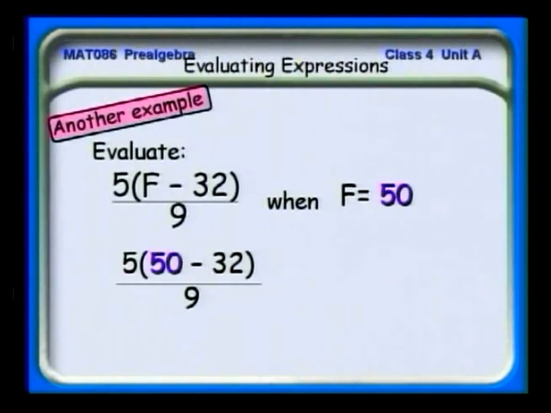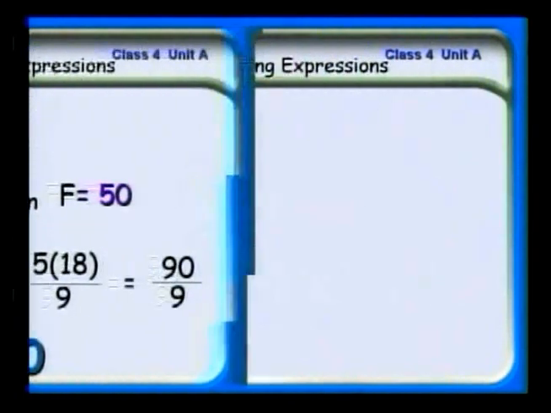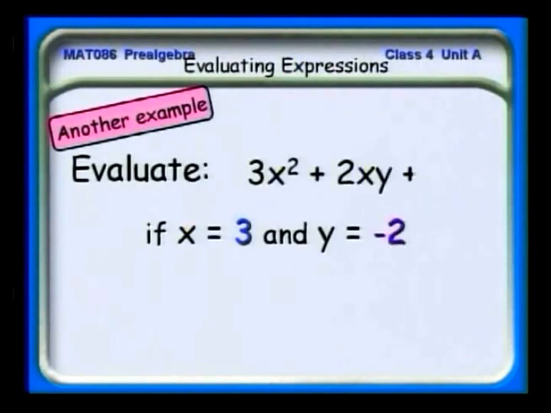The first thing I'll do, as we've learned before, is operate on what's inside the parentheses. 50 minus 32 is 18, so I have 5 times 18 divided by 9. 5 times 18 is 90 divided by 9, so I've evaluated this expression as 10 when f is equal to 50. Let's try another one that might be a tiny bit more interesting.